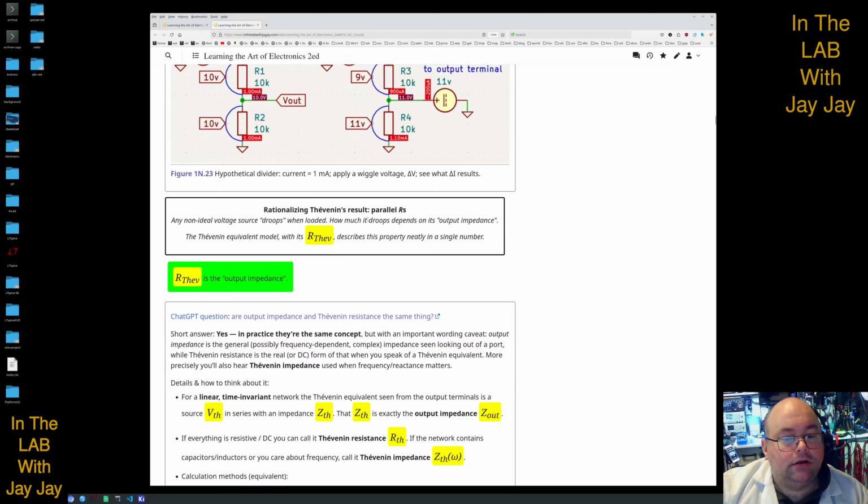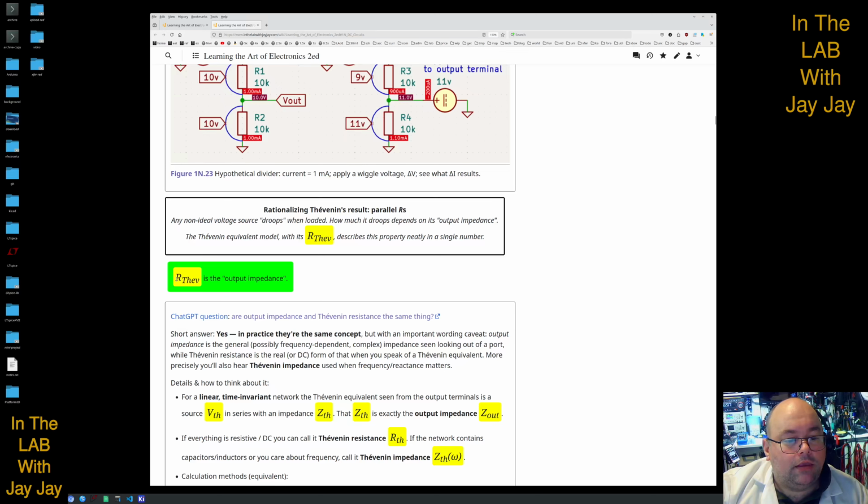Rationalizing Thevenin's result, parallel R's. Any non-ideal voltage source droops when loaded. How much it droops depends on its output impedance. The Thevenin equivalent model with its Thevenin resistance describes this property neatly in a single number.